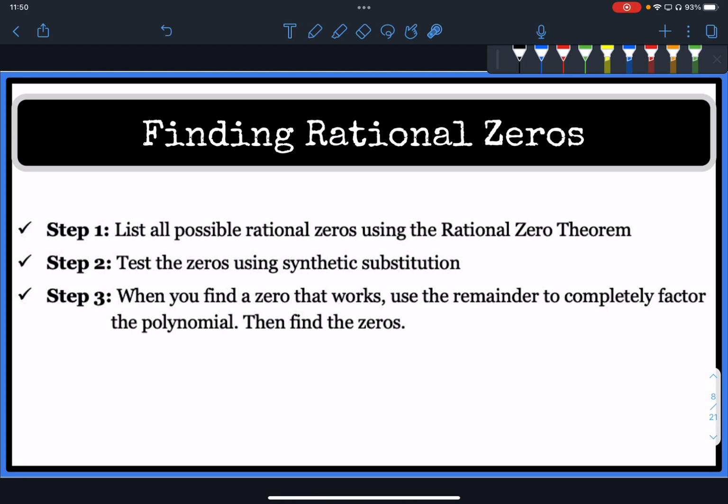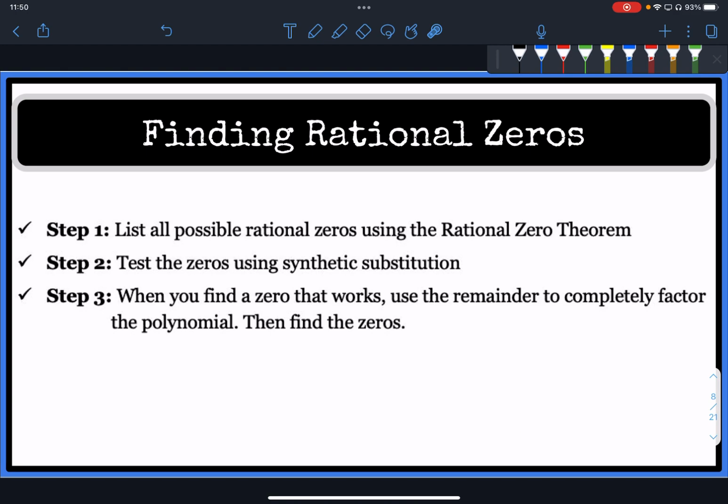Because we're going to be doing x to the third power and x to the fourth power, that simply requires us to test one or two zeros until we end up with a quadratic polynomial that we can factor using our technique for factoring quadratics. Either it's a difference of squares or a trinomial.